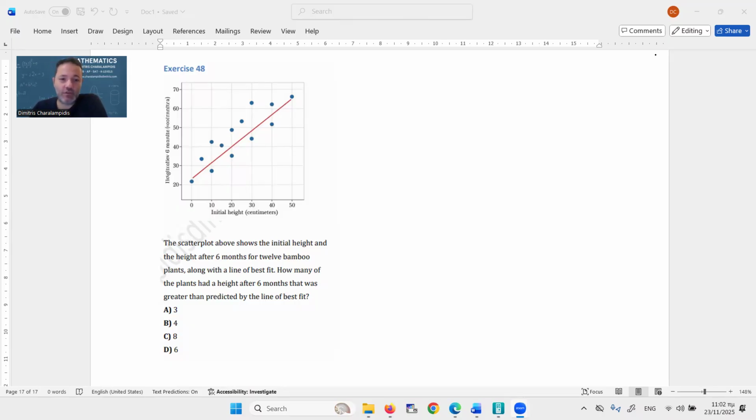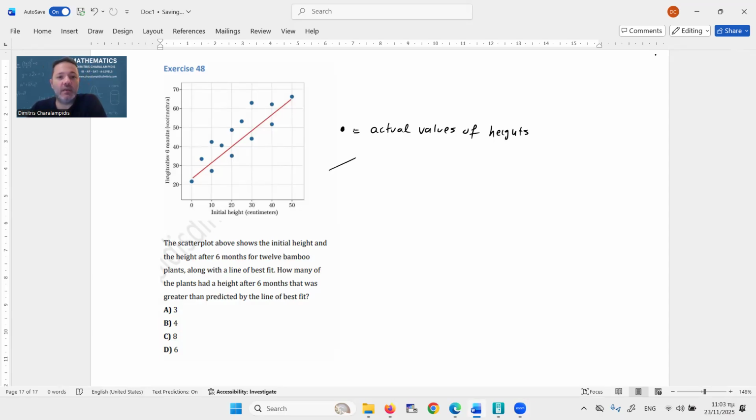We have on the horizontal axis the initial height of the bamboo plant, and then the y-axis, the y values, show the height after 6 months. But remember that the dots stand for the actual values of heights.